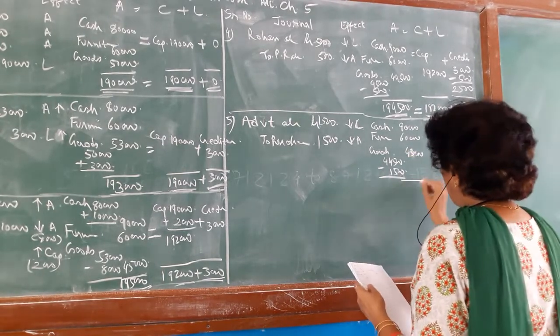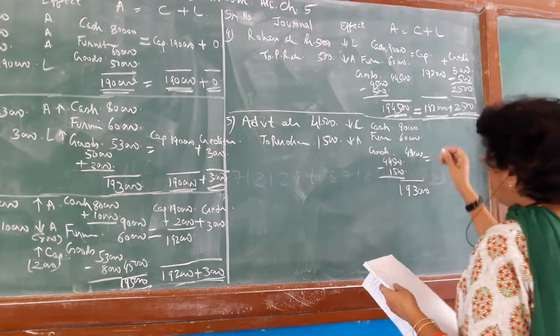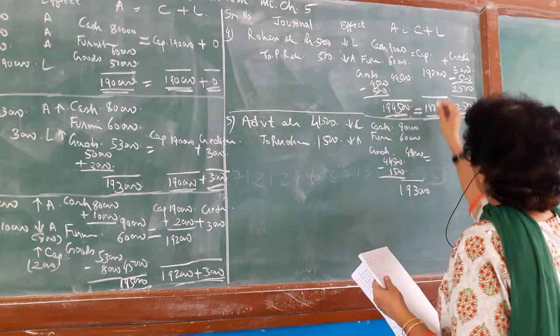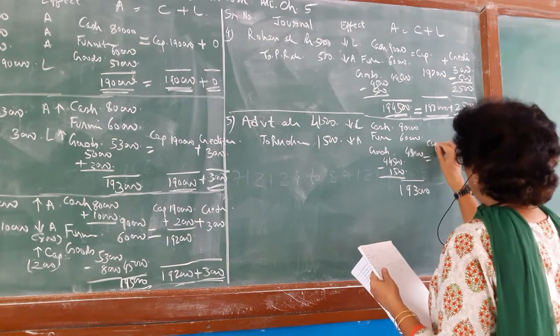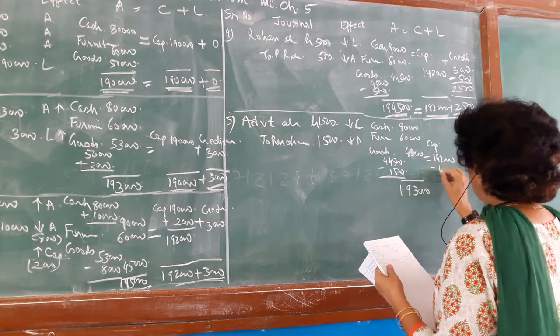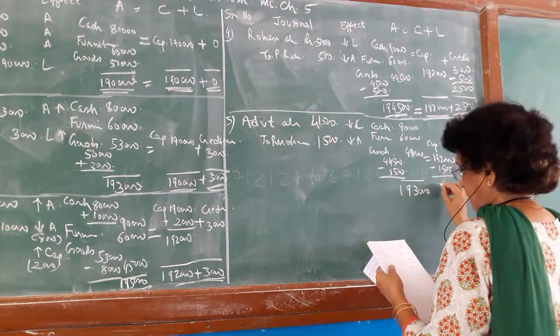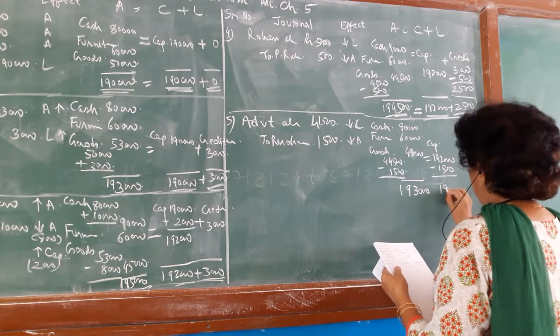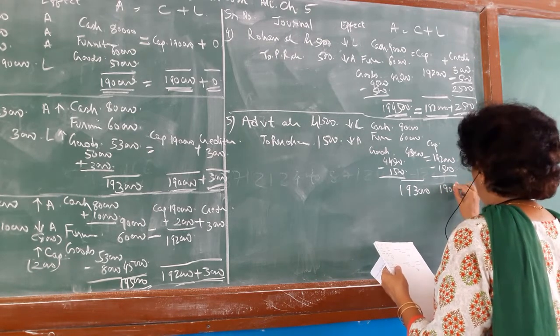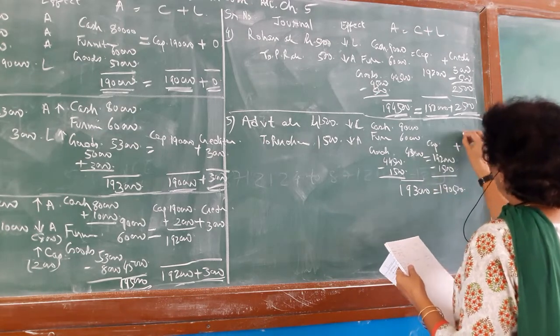And the total becomes 1,93,000. So in the capital, you have the capital of 1,92,000 minus we are distributing goods of 1,500. So your capital becomes 1,90,500.